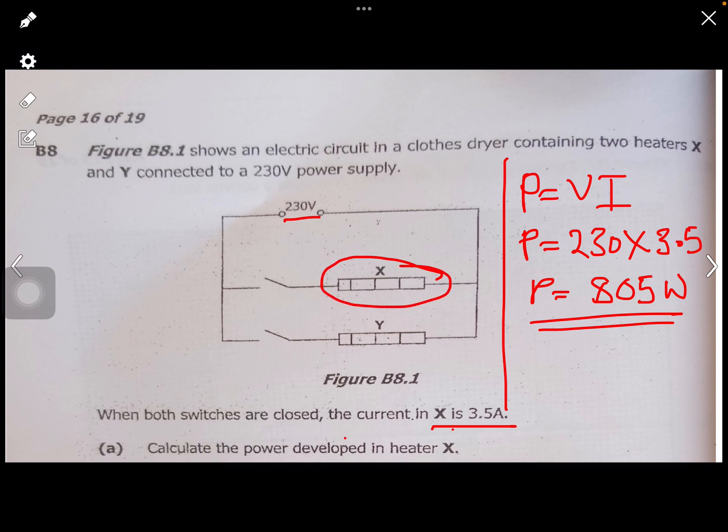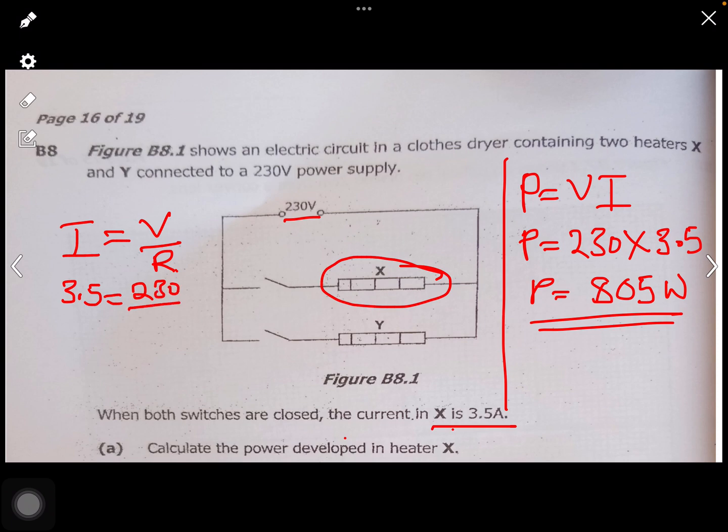To find this resistor, we can say current is equal to voltage over resistance. We can use this formula to find the resistance. Our current is 3.5 amps, which is equal to the given voltage, 230, over the resistance we don't have.